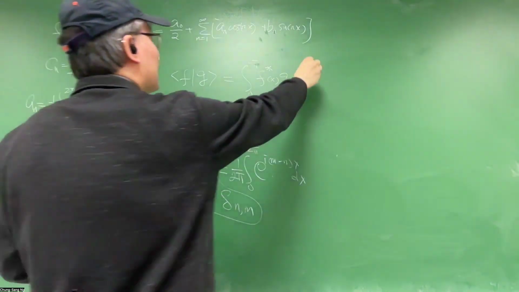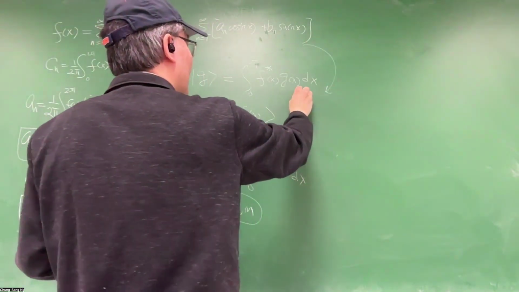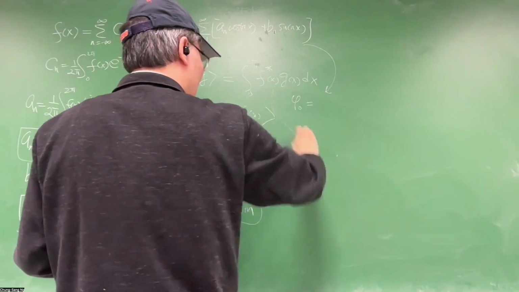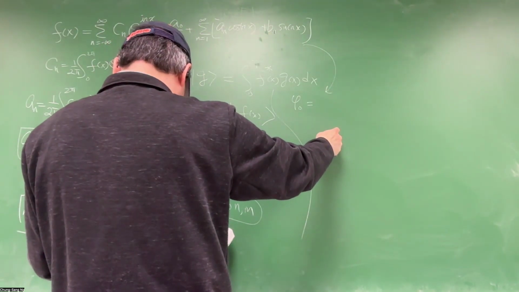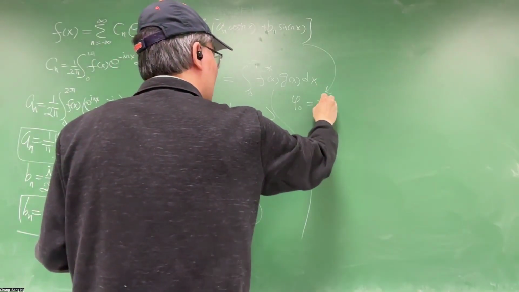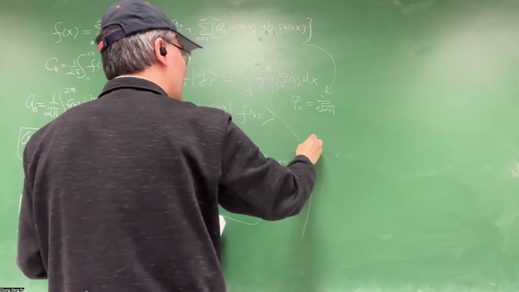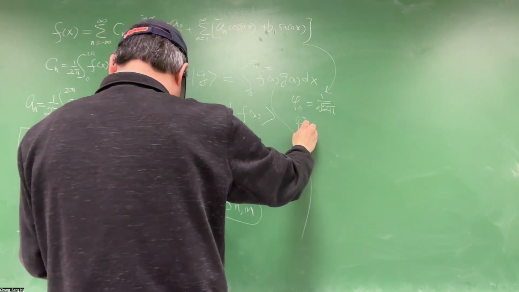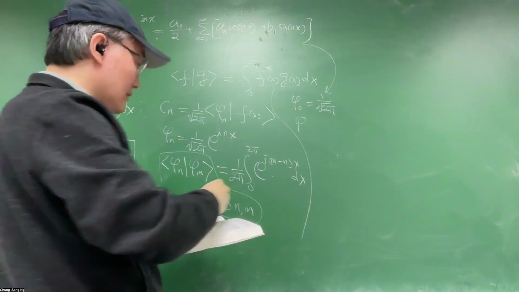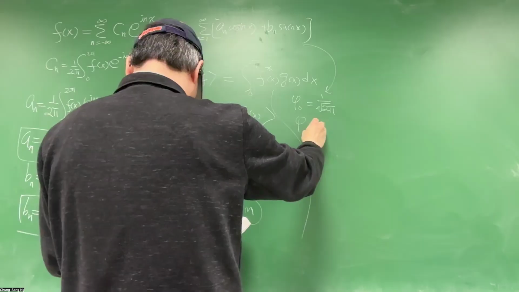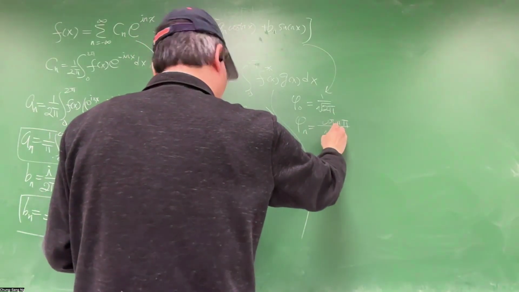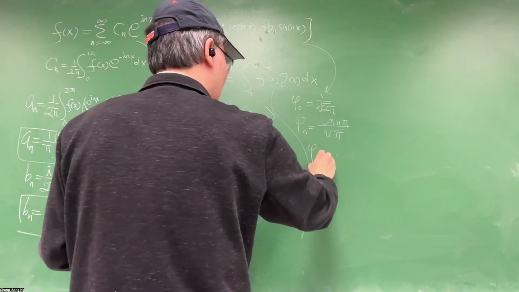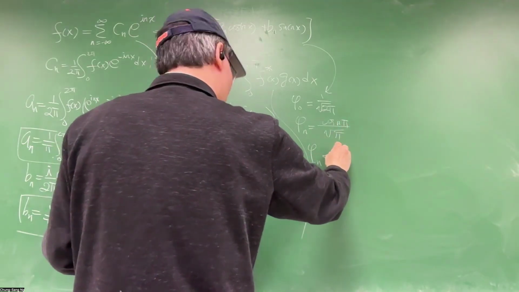So for the sine and cosine, phi 0 is chosen as 1 over the square root of 2 pi, and then for phi n, you choose positive n as cosine, and negative n as the sine.